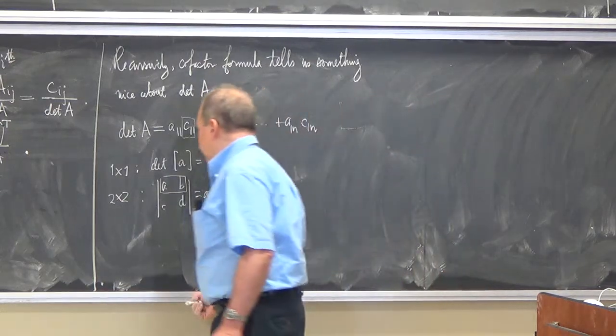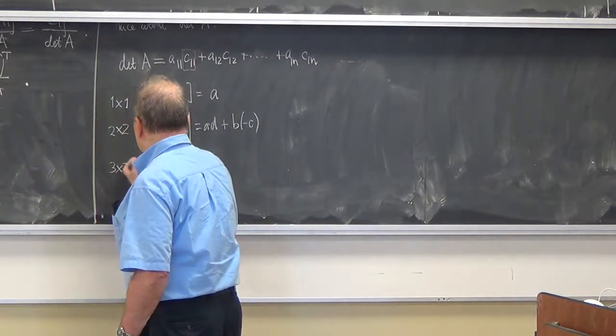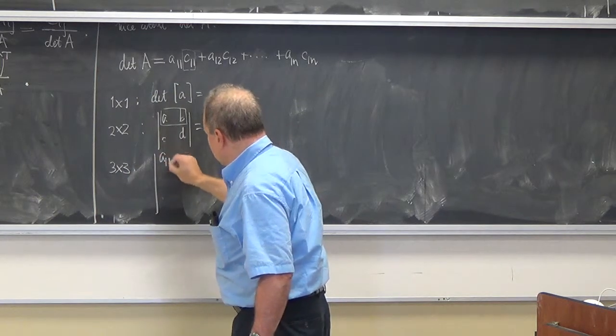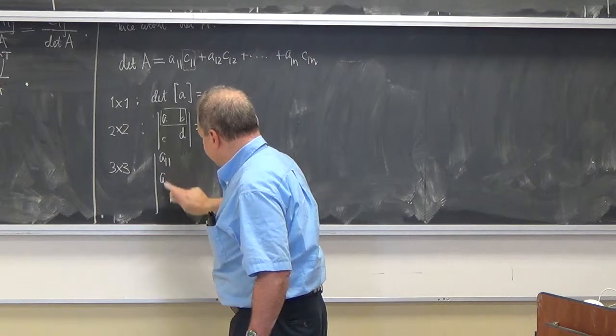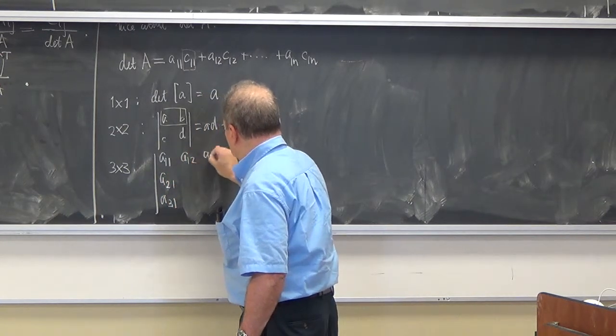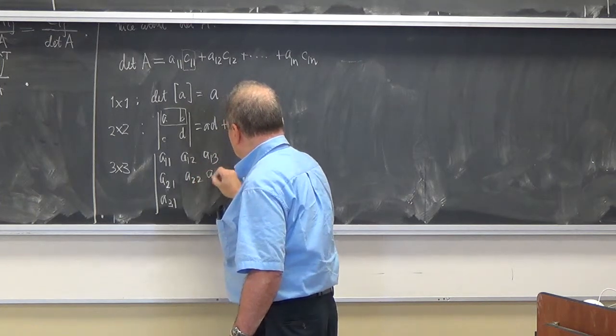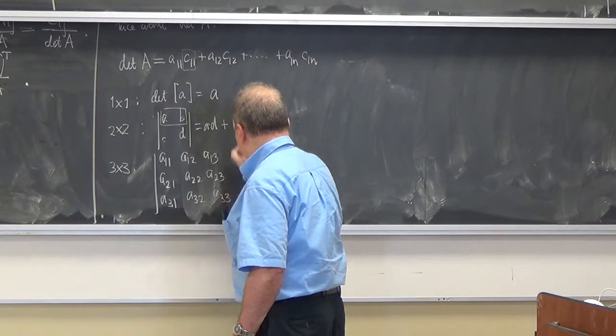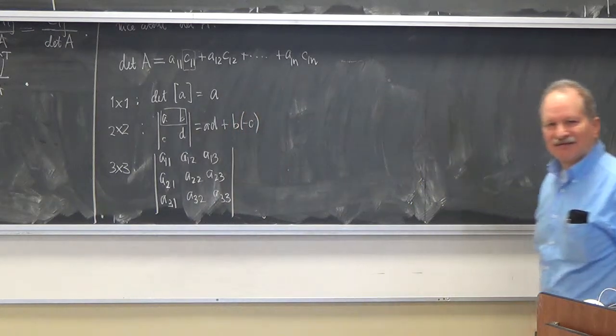And if you do 3x3, it's perhaps a little yuckier, but I'm going to do this for a reason. So I'm putting subscripts for reasons that you're going to appreciate in a minute.